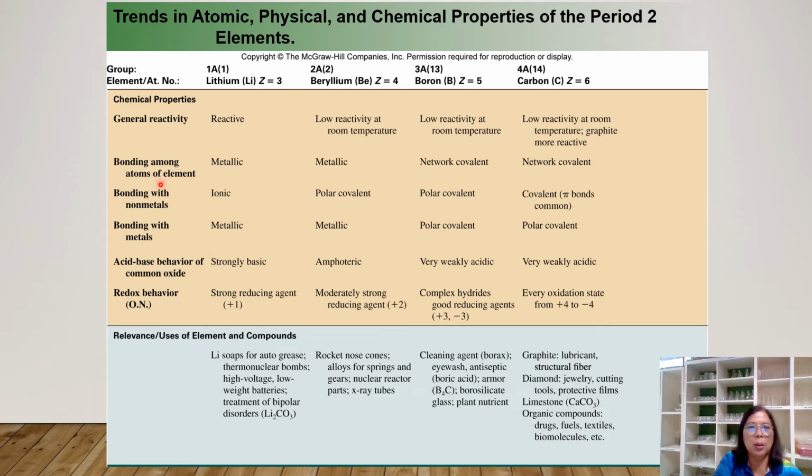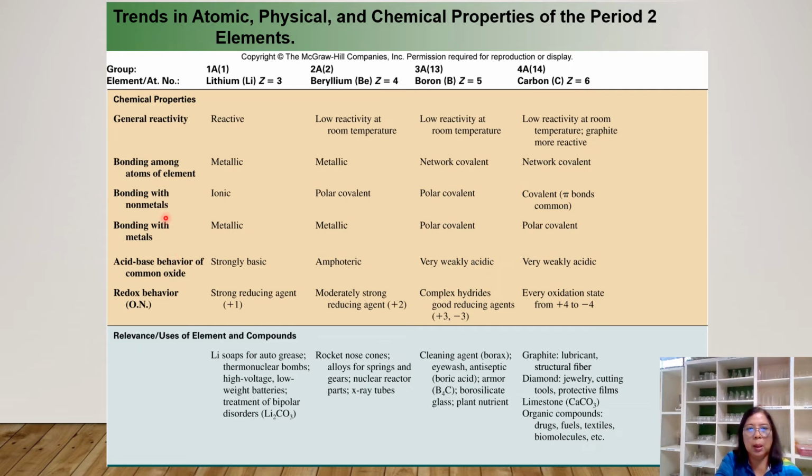And then how about bonding among atoms of elements? Okay. For lithium and beryllium, they are metallic. So they bond themselves as, sorry, metals. And then for the case of boron and carbon, they bond covalently.